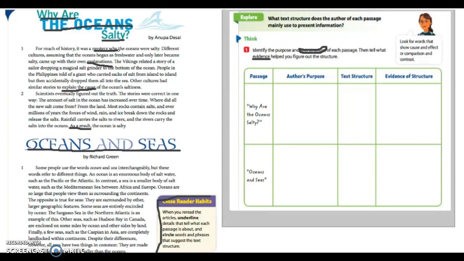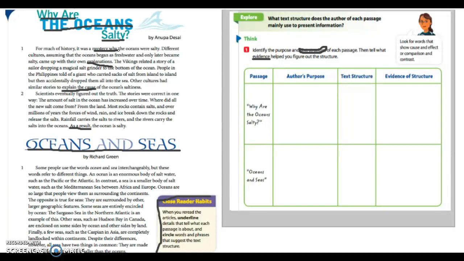Going on, our next passage is called Oceans and Seas by Richard Green. Paragraph 1. Some people use the words ocean and sea interchangeably, but these words refer to different things. An ocean is an enormous body of water, such as the Pacific or the Atlantic. In contrast, a sea is a similar body of salt water, such as the Mediterranean Sea between Africa and Europe.